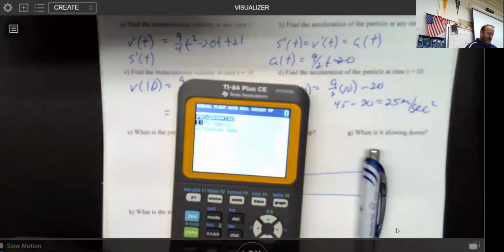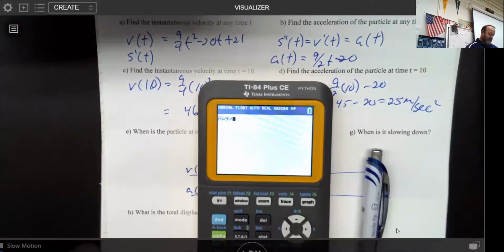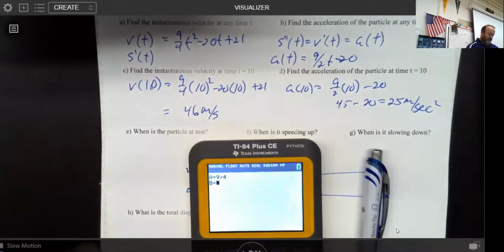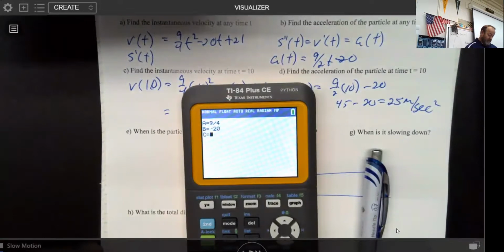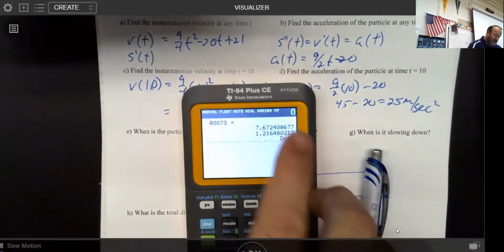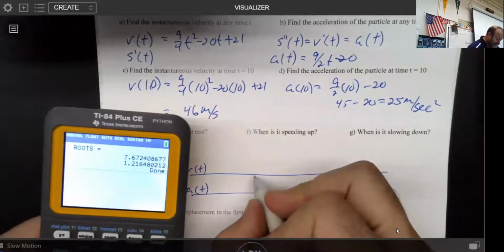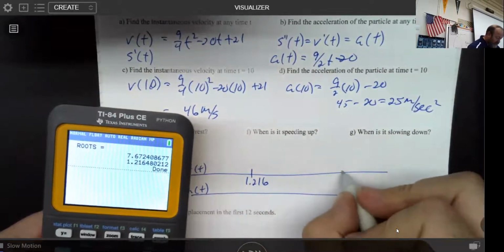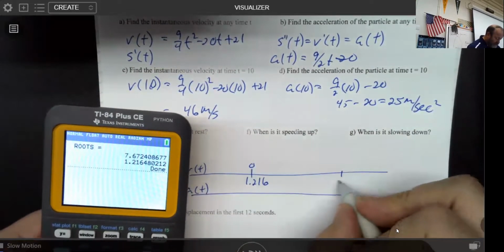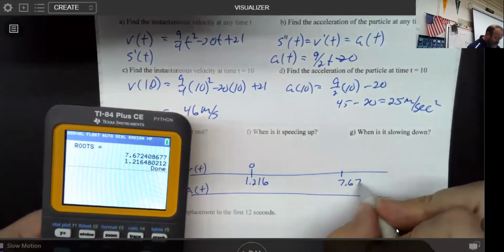Let's go to that program quad, because we do have a quadratic in this problem, where A was 9/4, B was -20, and C was 21. According to this, the particle was at rest at 1.216 seconds and at 7.672 seconds.